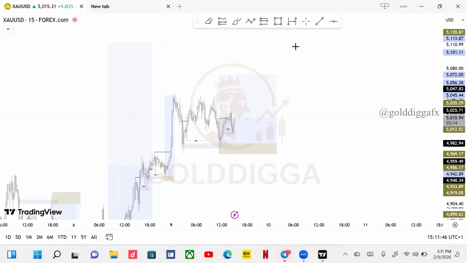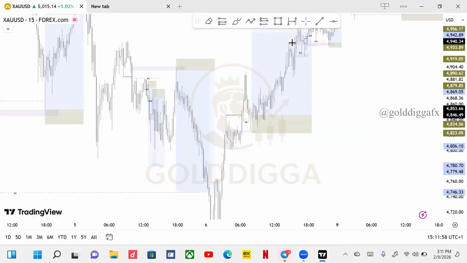Sniper setup. Bro, I've given you the three types of entry setups I use, the first one, the second one, the third one, they're on the group. There's no sniper setup. I have some entries that aren't sniper. You see this one, it's not sniper. There's no rule for sniper setup. Some entries are going to be sniper, some won't be.